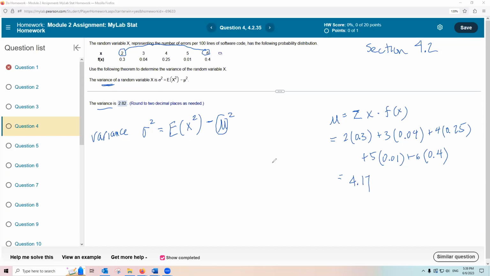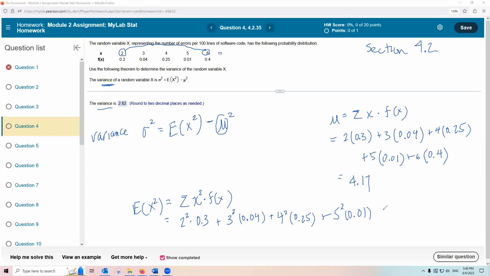All right. So now let's figure out the expected value of x squared. Well, for that, I'm going to take the sum of the x squared value times f of x. So let's work that out. We have 2 squared times 0.3 plus 3 squared times 0.04 plus 4 squared times 0.25 plus 5 squared times 0.01 plus 6 squared times 0.